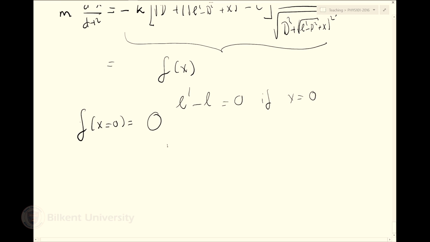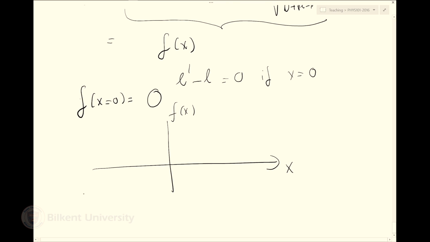Now, I know that f of x as a function of x is going to be some complicated function. I'm just making it up. Okay, complicated function. But for small oscillations, maybe I can make a linear approximation to it.